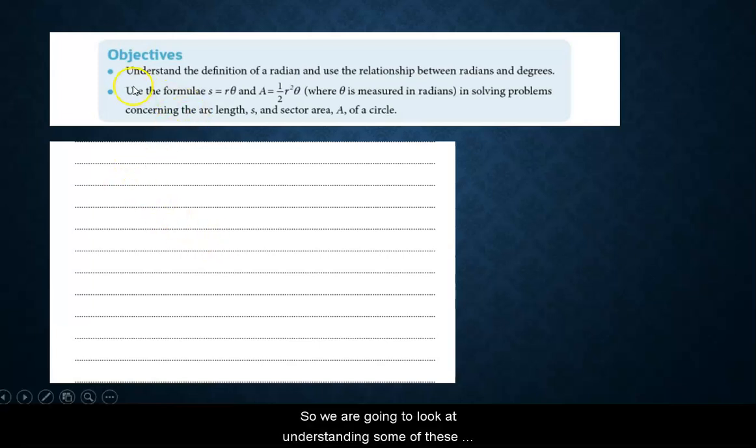We are going to look at understanding the definition of the radian and using the relationship between radians and degrees. We will also focus on the formula s equals r theta, and the area equals half r squared theta, where theta is measured in radians, in solving problems concerning arc length and the sector area of a circle.